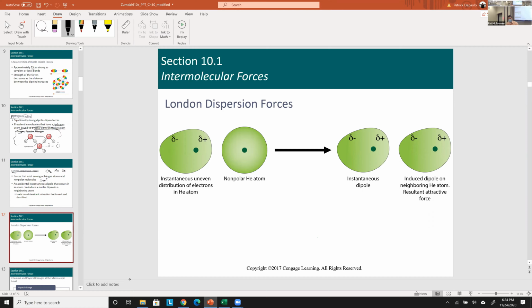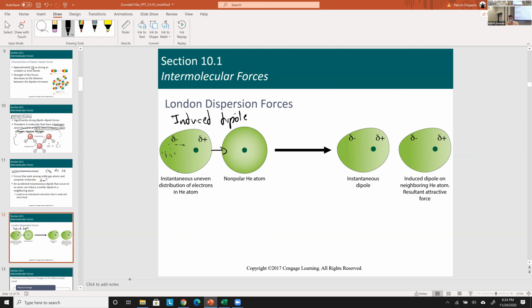For a split second in that collision, the protons or even the electrons in one of the atoms move from the front to the back, kind of like if you stopped your car short, you would obviously go back. The atom would hit this atom and its electrons will go back. When they go back for that split second, which is microseconds to nanoseconds, it creates what we call an induced dipole. This gives the front of the atom a partial positive charge and the back a partial negative charge.